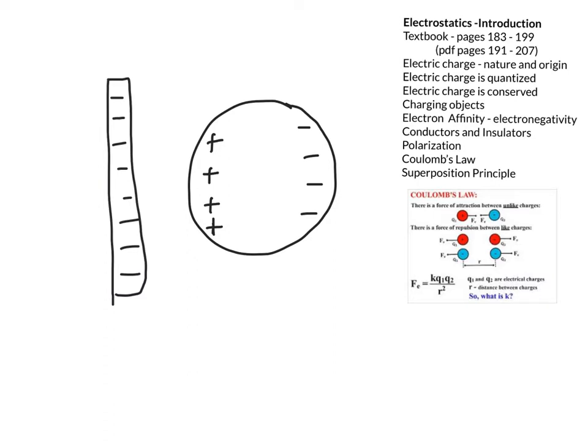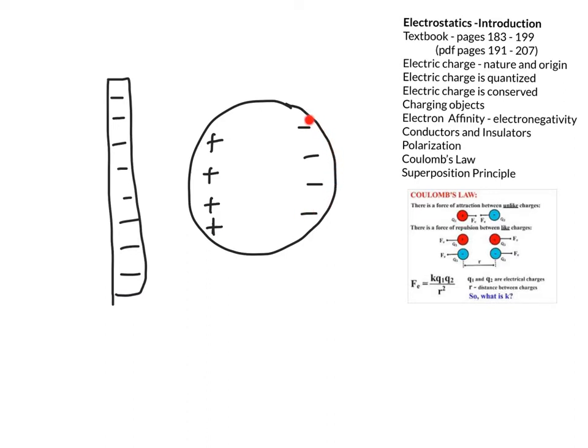Okay, this is what happens. See if you get it right, what happened correct, and the reasons correct. So the free electrons in the rod, since they're free to move, are being repelled by the rod, so the free electrons move as far away as they can get.